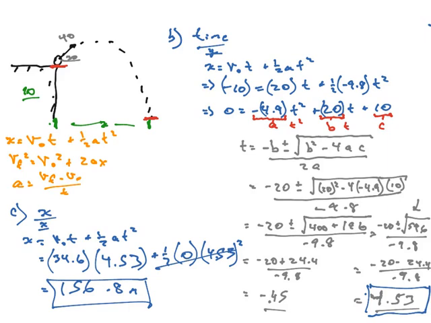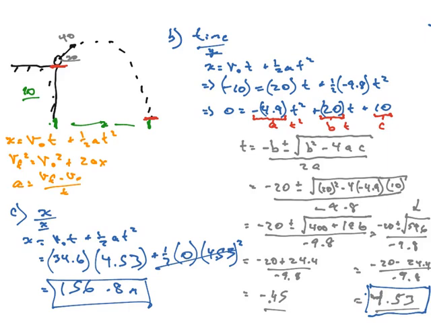Because you might get something like 3.2 seconds and 450 seconds. Well, obviously, the answer is probably not 450 seconds. Okay? But in general, it'll be like this. One's negative, one's positive. You know it's not the negative answer for time, so you take the positive one.